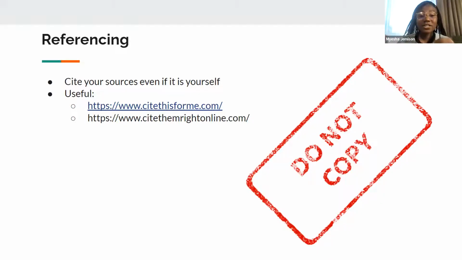If you're engaging with other scholars, building on their previous work, or their work influenced your current work, then it's important to acknowledge that by citing them. There are a ton of guidelines out there about how to cite.